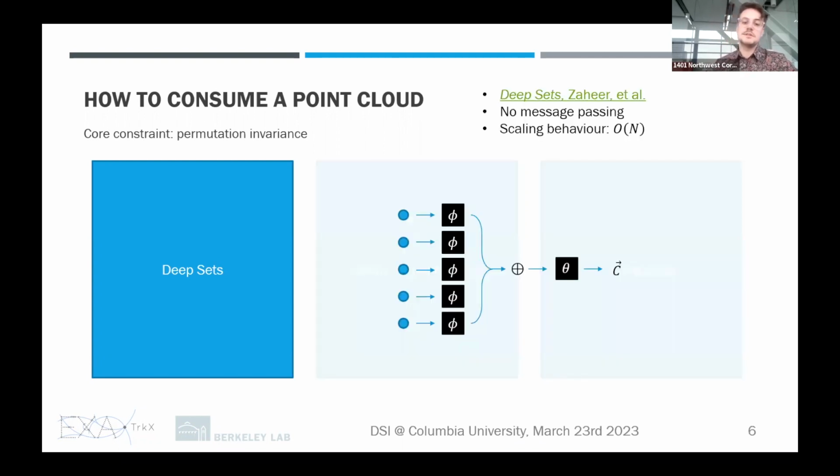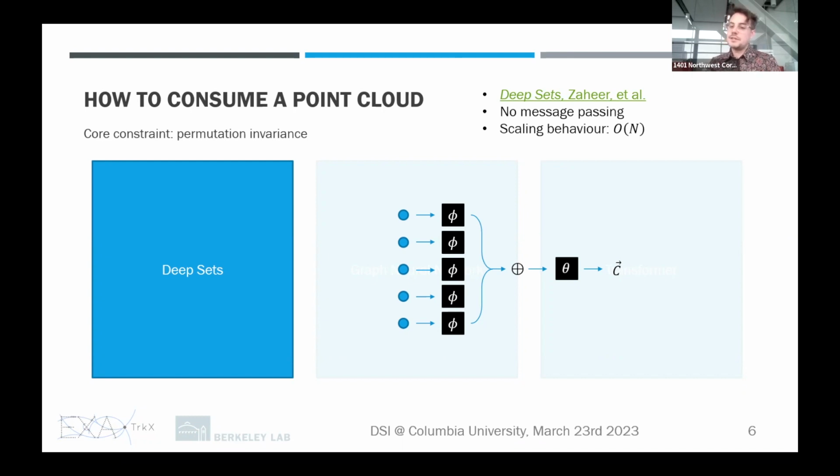So the first is called deep sets. Now this basically takes the constraint that we want permutation invariance in the set, meaning that if we change the order in which the points in the cloud are consumed, we don't want our output to change. So this was proposed in 2016, I think, by Zaheer et al.